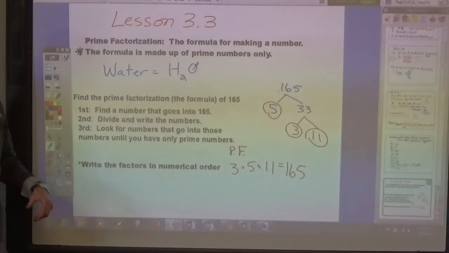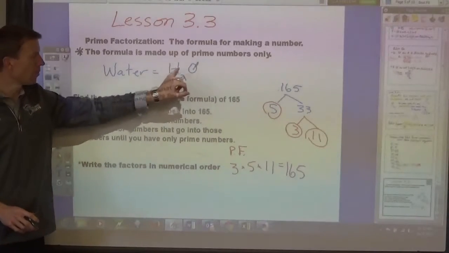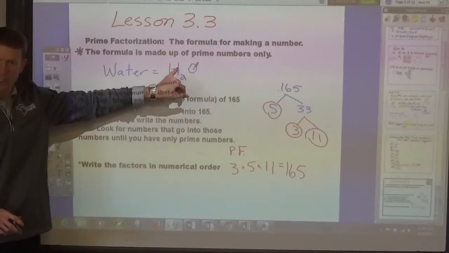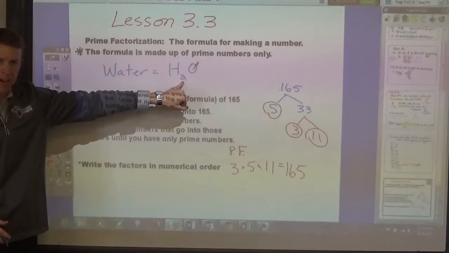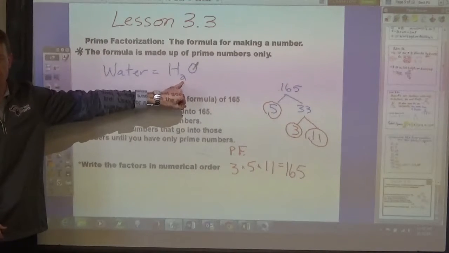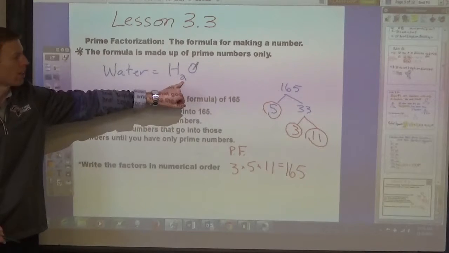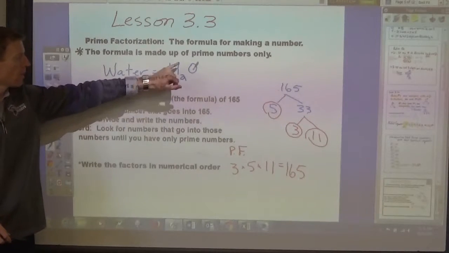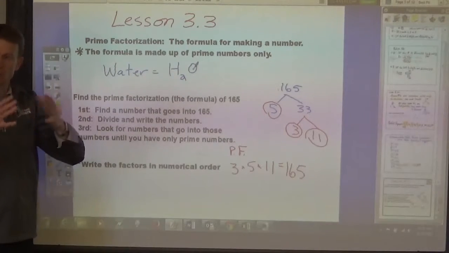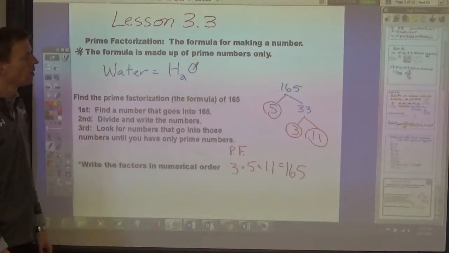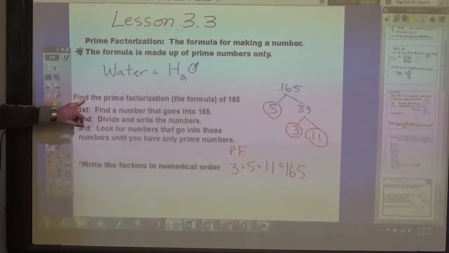We're going to be writing formulas like this, except instead of letters, we're going to use numbers. And instead of this little number on the bottom, which tells you how many molecules, we're going to use exponents, which are the little numbers at the top. Sometimes we'll write numbers as powers. So, let's look at this example.